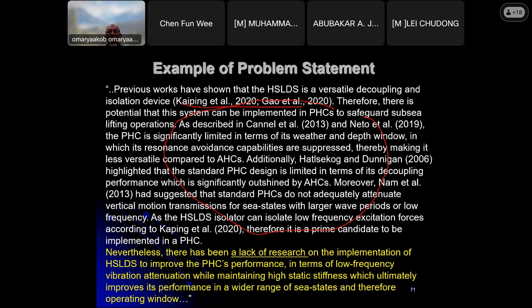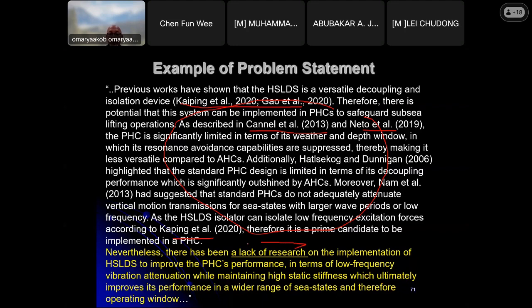But otherwise, it becomes a subject described by who, okay, who did this, according to who, and so on. So this is according to Kaping. Nevertheless, there has been a lack of research on the implementation of shell research to improve PhD performance in terms of low frequency vibration attenuation.